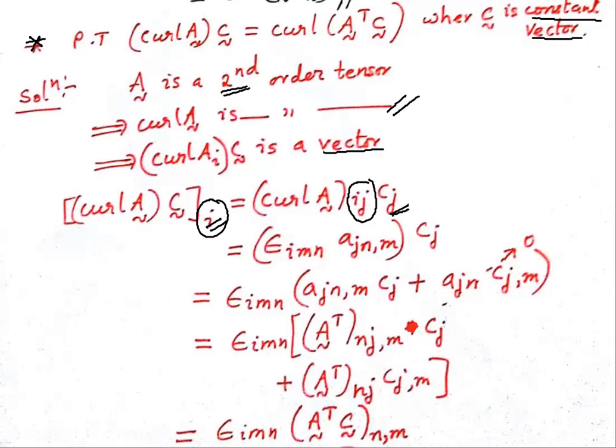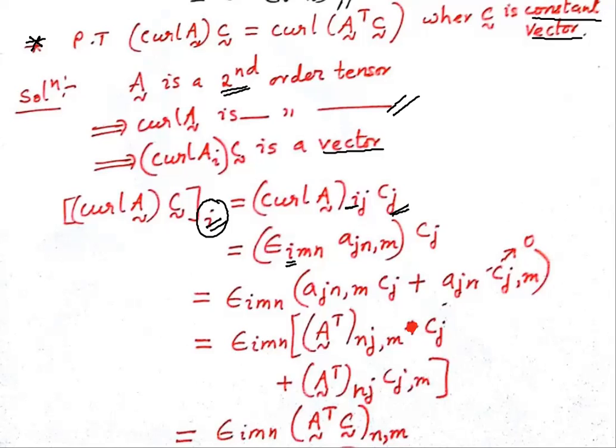I am using the tensor notation for curl of A. That's nothing but one epsilon will come. The first suffix has to be i because there is i there. I can choose the other two suffixes as whatever we want, we'll take it as mn.